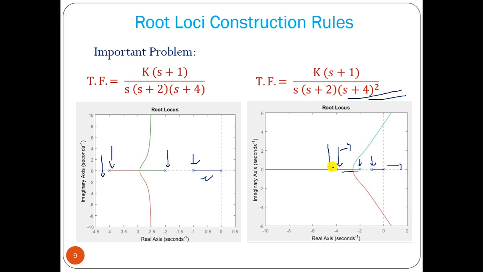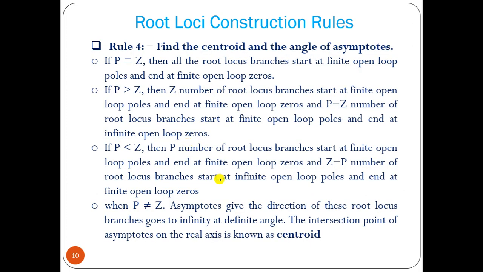And at this particular point on the right-hand side, 1, 2, 3 and s plus whole square, so here we actually have 2 poles, so a total of 5 poles and zero, an odd number, so here the root locus path exists. Before that, as this is s plus 4, we don't have any root locus path. So this is the main concept that you have to take care of every time.